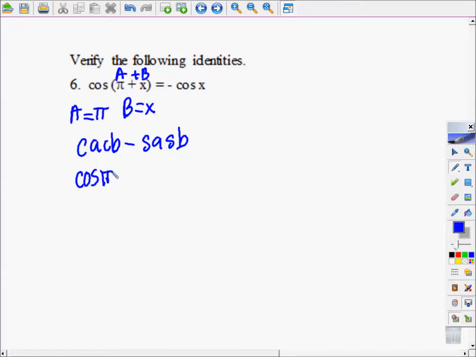Pi. Times the cosine of B, which we know is just x. Minus the sine of pi times the sine of x. Well, what's the cosine of pi according to our unit circle? Remember, cosine is your x value. Look at your unit circle, cosine of pi.